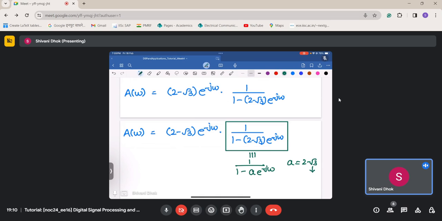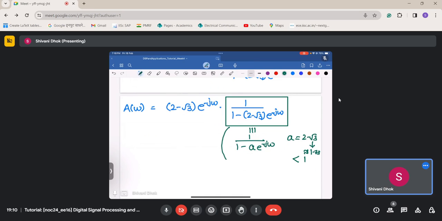This root 3 is approximately equal to 1.732. So 2 minus 1.732 is obviously less than 1. Therefore this thing will have inverse DTFT as (2 minus root 3) to the power n into u of n.